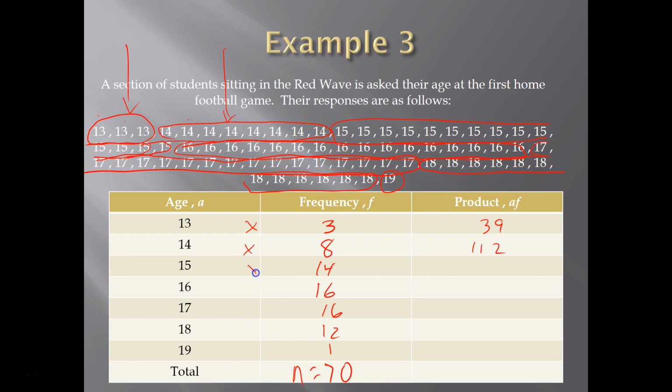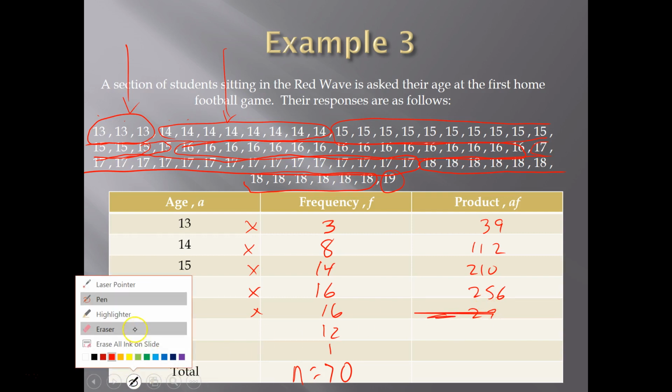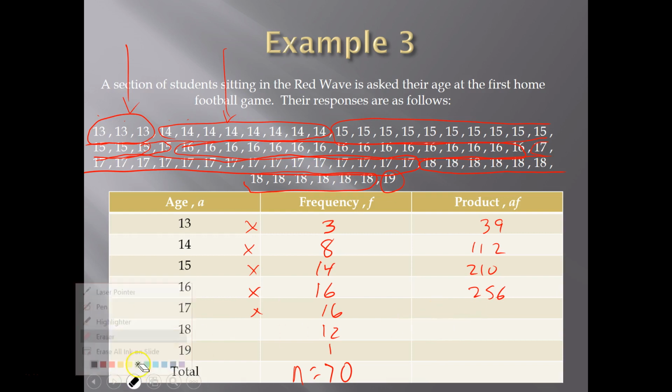All right, so let's finalize all this. 15 times 14 gives us 210. 16 times 16, that's the perfect square, 256. 17 times 16 is 272. 18 times 12 is 216.